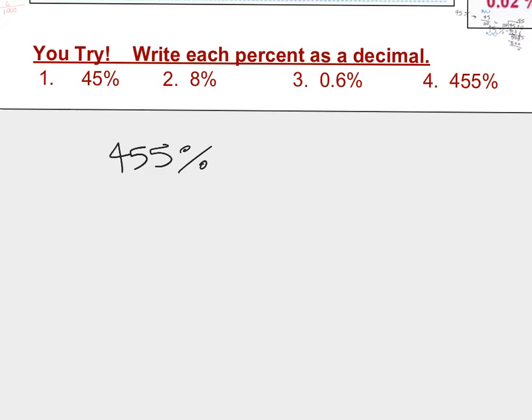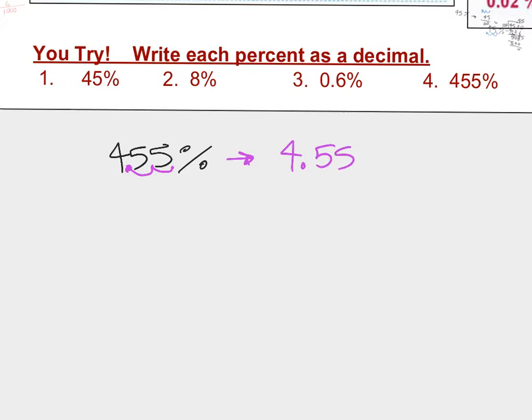Again, when you're going from a percent to a decimal, you want to get away from the percent symbol. So you are going to move, and you always move 2 units. And we always move 2 units because it's per 100, and 100 has 2 zeros. And because when you do the long division, it ends up moving the decimal that way, so it's just a shortcut. 2 to the left, 455% is really 4.55 as a decimal.